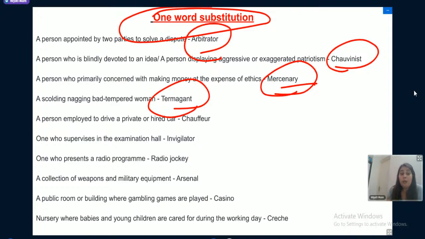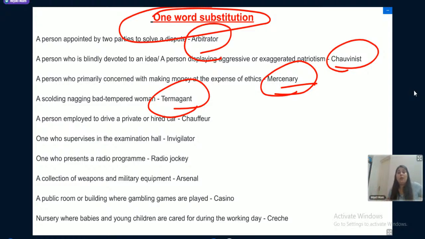A public room or building where gambling games are played is known as a casino. A nursery, a daycare center, where babies and young children are cared for during the working day, is known as a crèche, right?